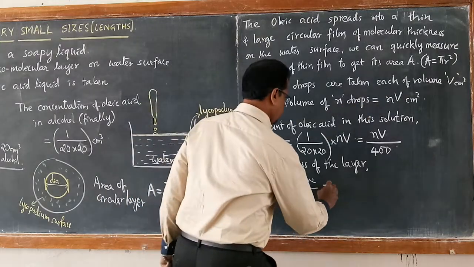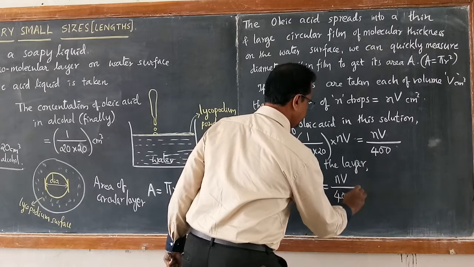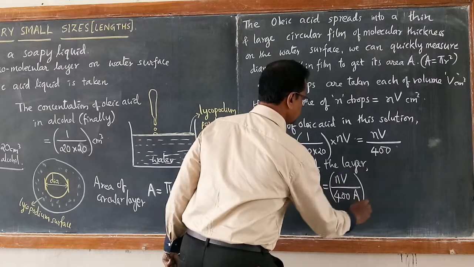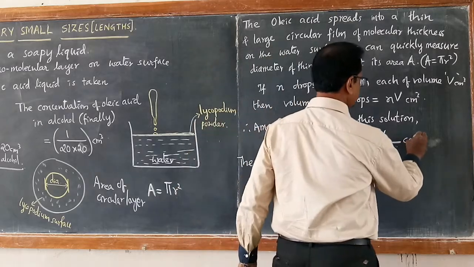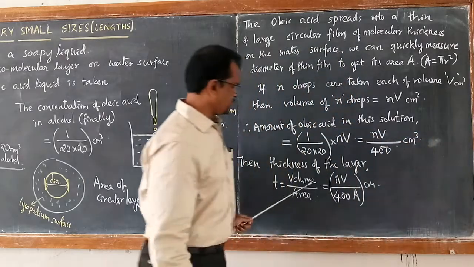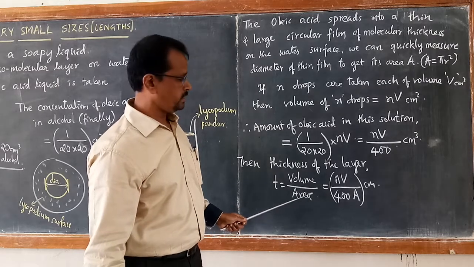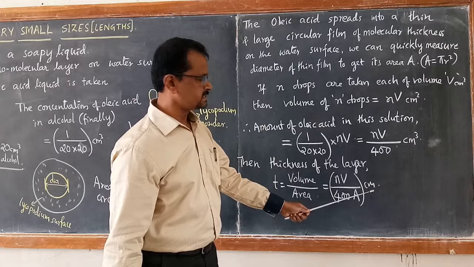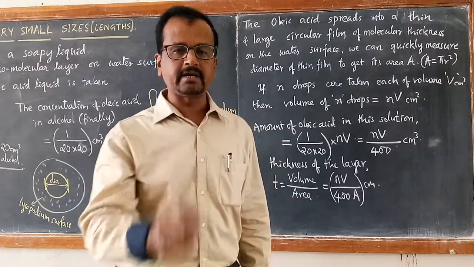Therefore, T equals nB upon 400 into A. So this is in centimeter cube divided by centimeter square, and you will be left with thickness in centimeter. So this is how the thickness of that layer is calculated.